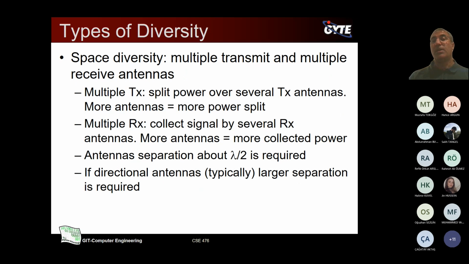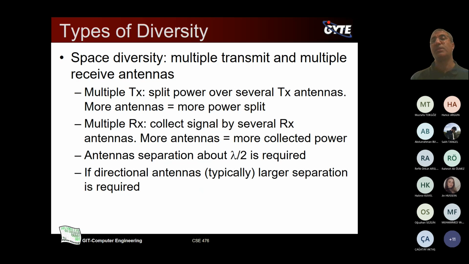So there are different types of diversity. We can achieve the diversity in space, time, frequency, code. In space diversity, which is the first type of diversity, we achieve this through multiple transmit and multiple receive antennas.